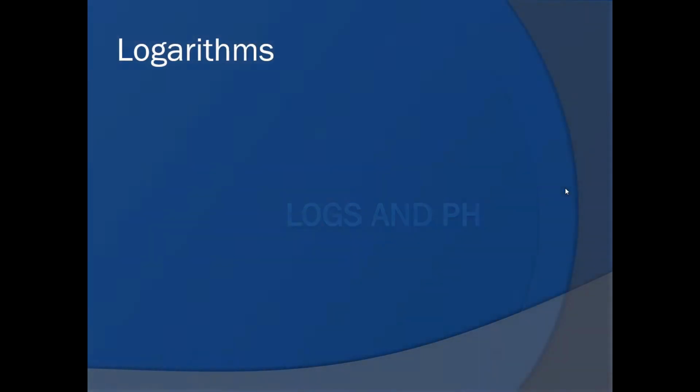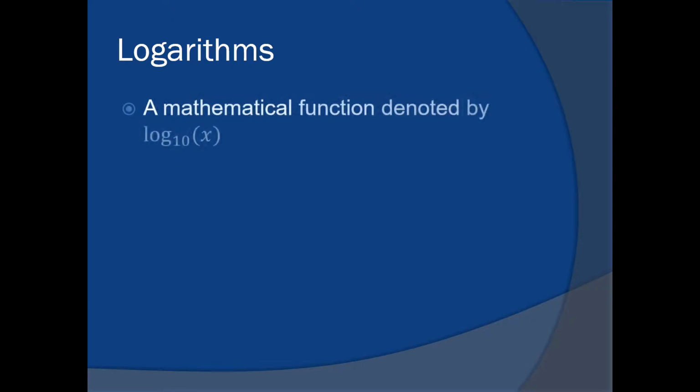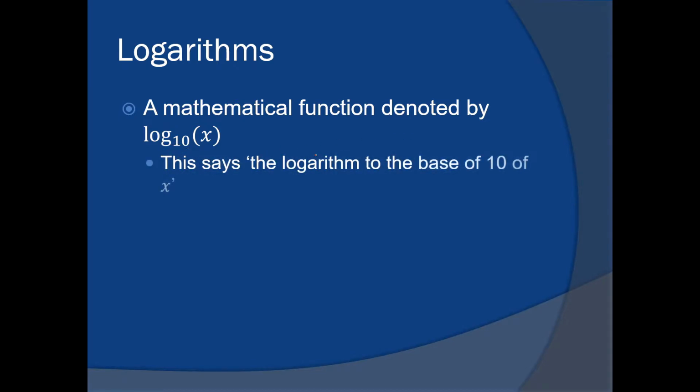So first things first, what is a logarithm? A logarithm is a mathematical function denoted by this notation here, log base 10 of x. You can get logarithms in other bases, but for chemistry purposes, we'll stick with the base 10 logarithm. So what this translates to is the logarithm to the base of 10 of x.